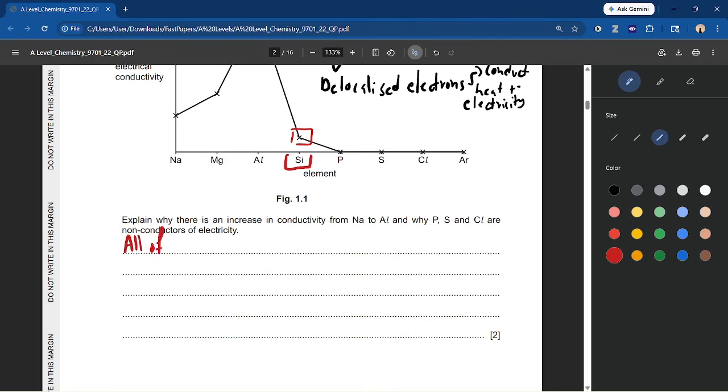Let's begin with their names. So sodium, magnesium, and aluminum have a giant metallic structure.